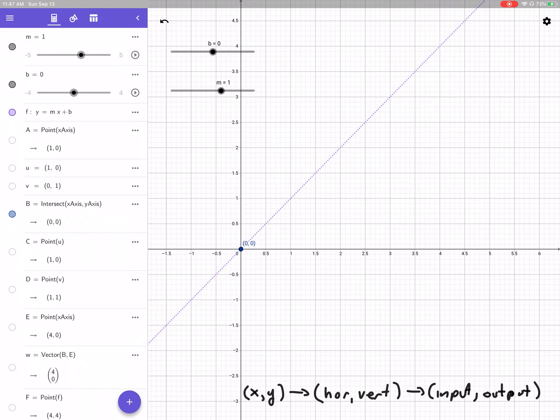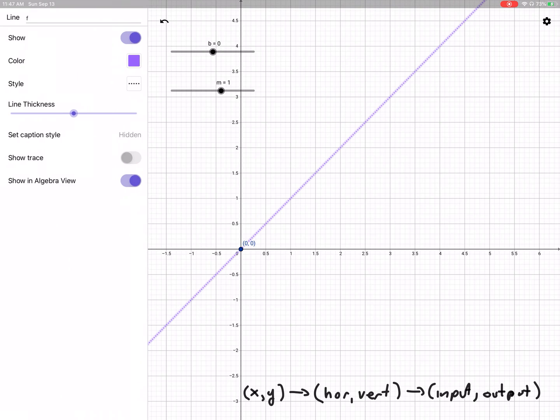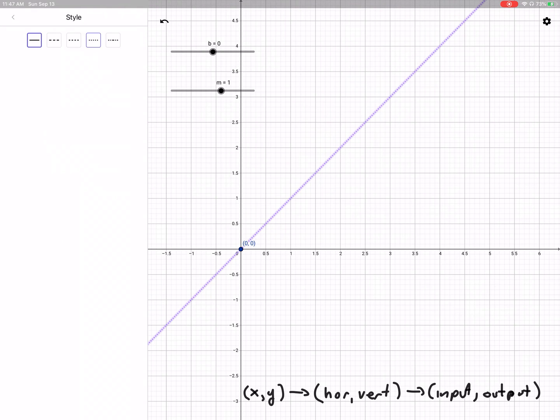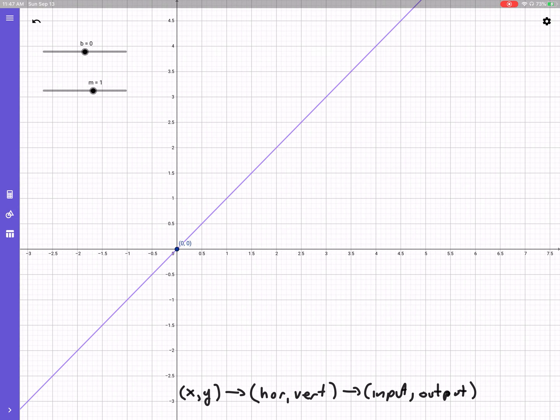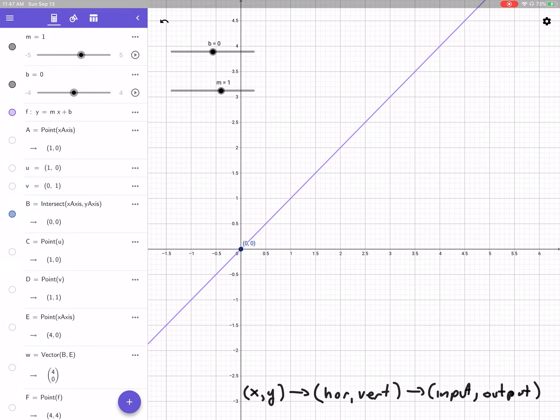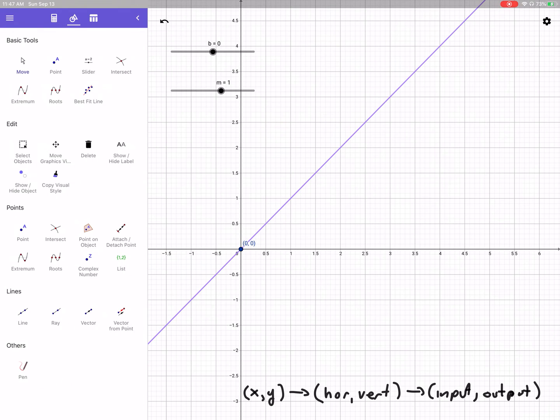And at this point, I can make this solid so we have a better grasp that it is a line that represents infinite solutions. At this point, I'm going to remind you of our equations for direct variation.